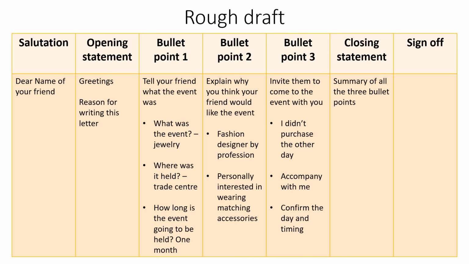We must close the letter on a positive note. The last component of the letter is the sign off. Since this is an informal letter, we can sign off by saying with love or even just regards. And you can mention your first name or even your pet name since this is an informal letter.